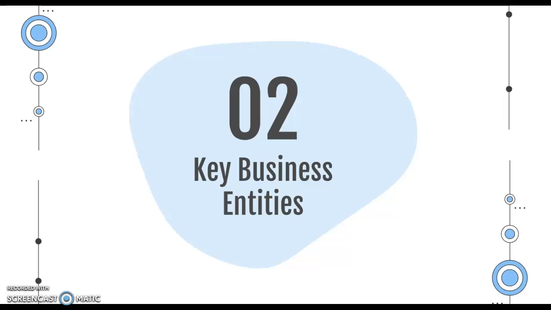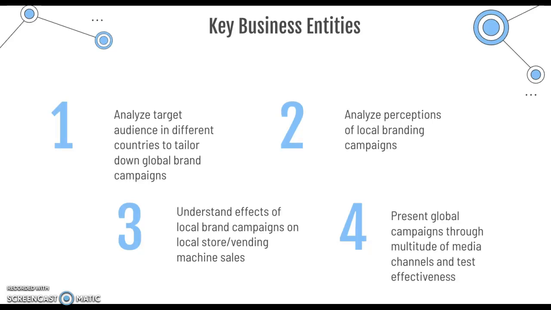Next, we're going to go over key business entities. So the first one, to analyze target audience in different countries to tailor down global brand campaigns. So tailoring specific global brand campaigns to better appeal to the country that they're in. 2, analyze perceptions of local branding campaigns.